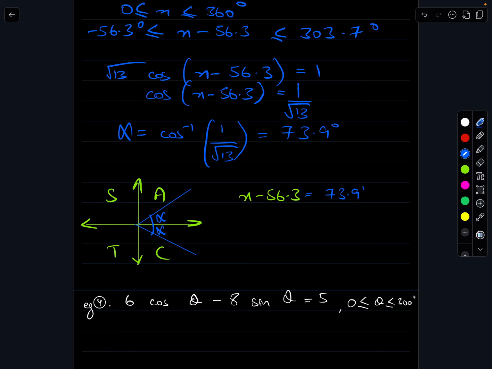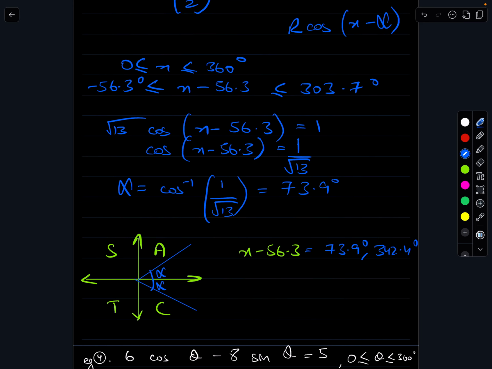And 73.9 degrees in the first quadrant, and, my bad, 286.1 degrees in the last quadrant. Once I solve for x, x is equal to 130.2 degrees and 342.4 degrees.